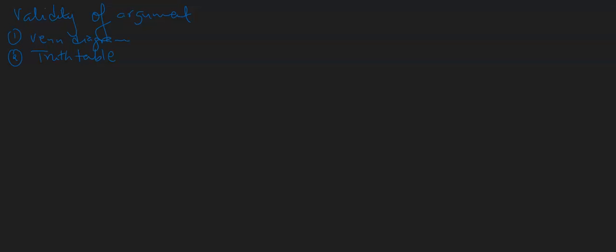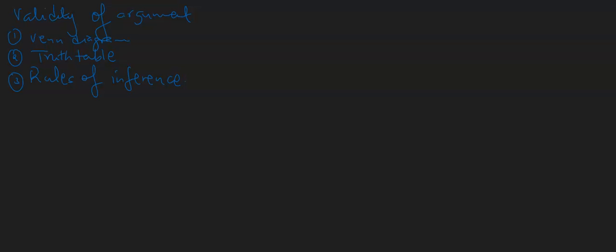And three, you can use the rules of inference. Those are some of the methods that one can use to check whether an argument is valid or not valid.